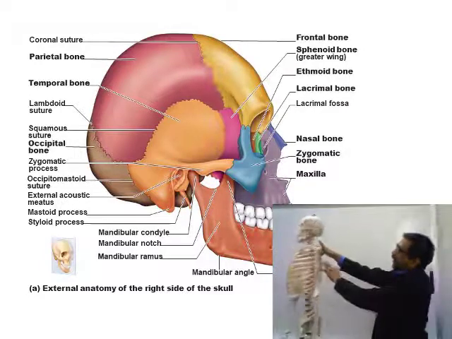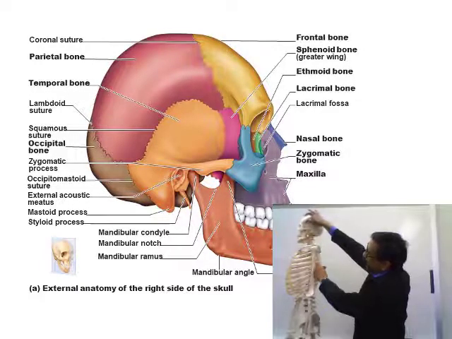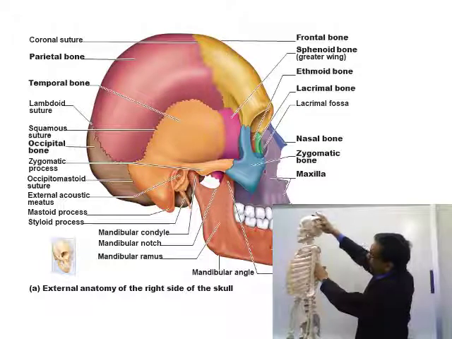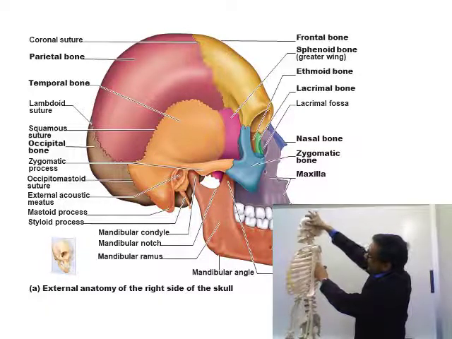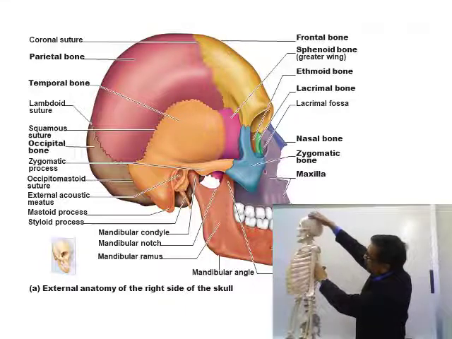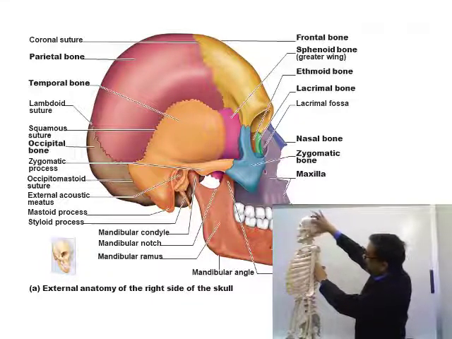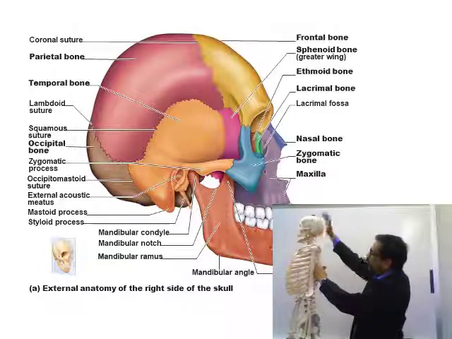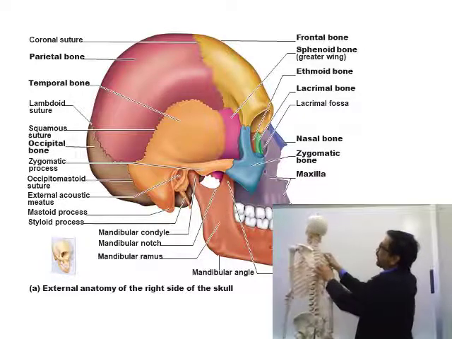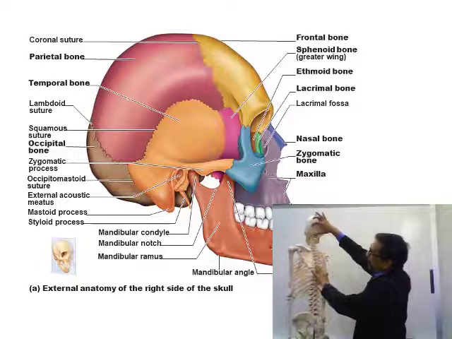Then this is the squamous suture. It connects the parietal and temporal. So parietal above, temporal below. So this is the squamous. This one is called the lambdoid suture.